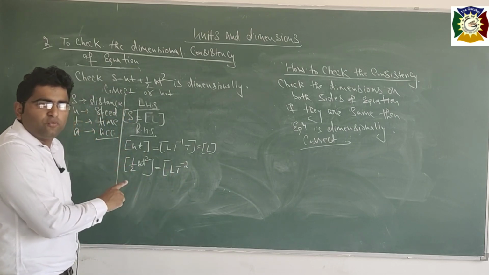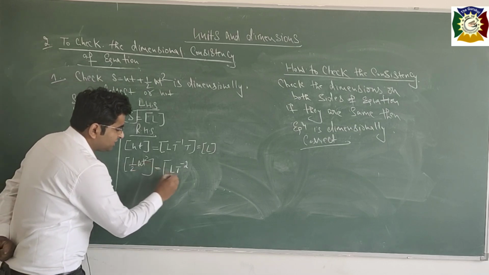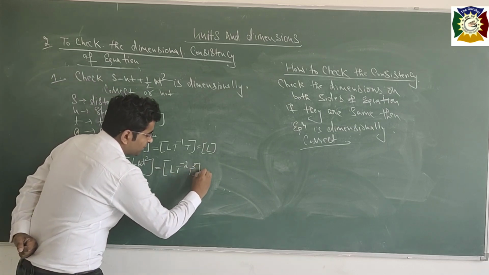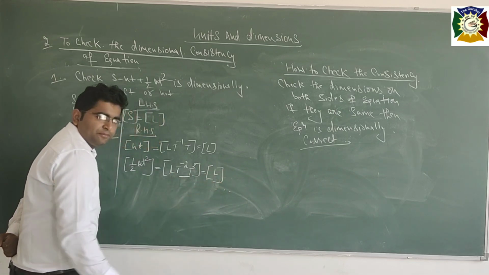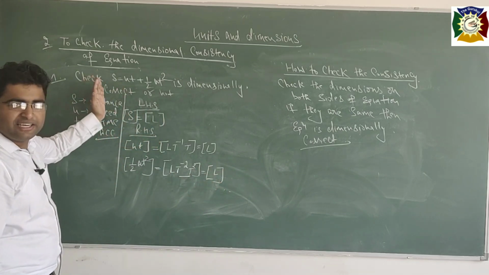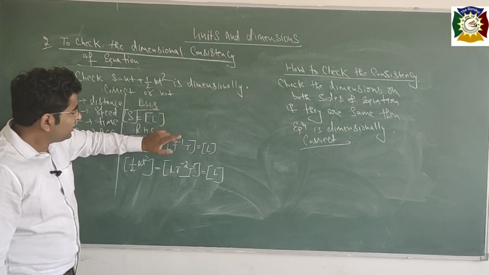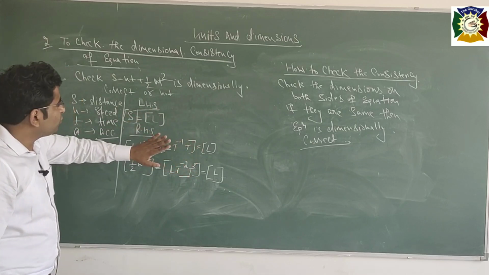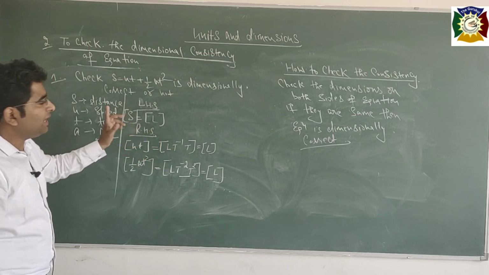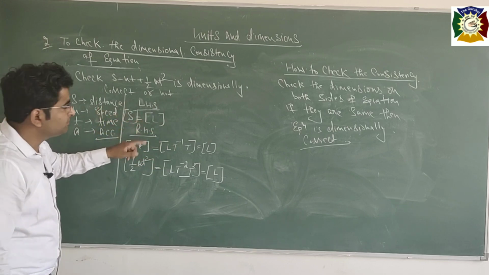From the previous video we have done this, t square, t power 2, again it will give L. Clear? So on the left side and on the right side dimensions are L. So dimensions are same on RHS and LHS.